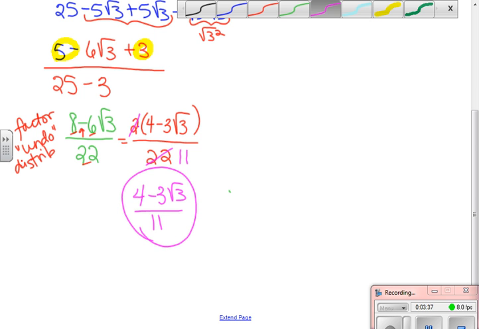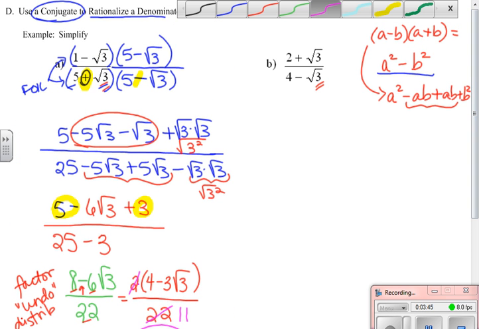So this is a place definitely where all of your fraction, multiplication, factoring skills have to come together to complete these problems. So let's look at this one. 4 minus the square root of 3, the conjugate of that is going to be 4 plus the square root of 3, top and bottom. Because again, you pick opposite sign.